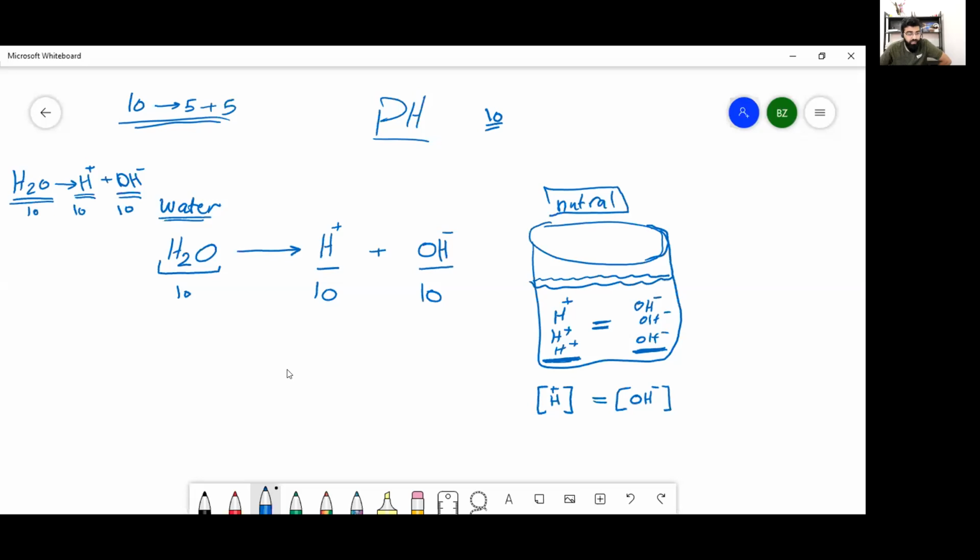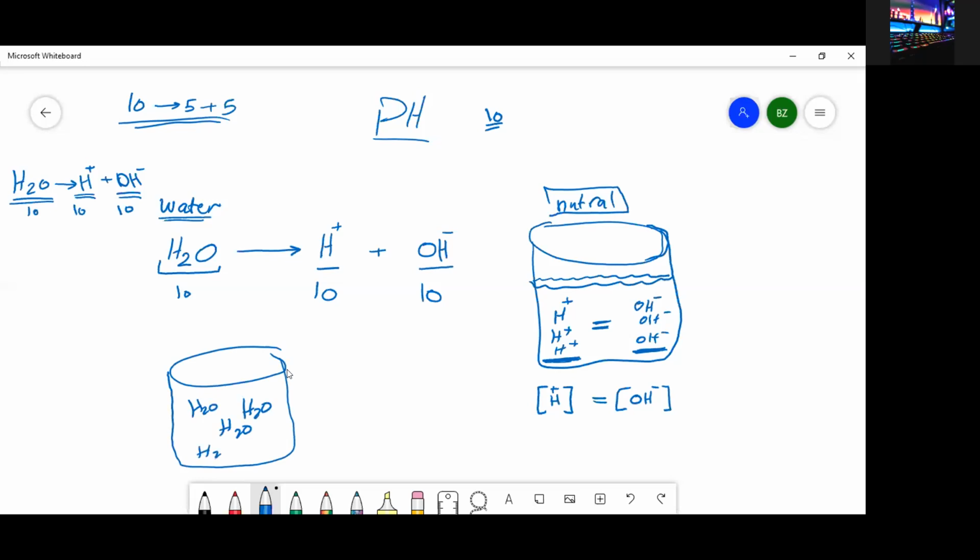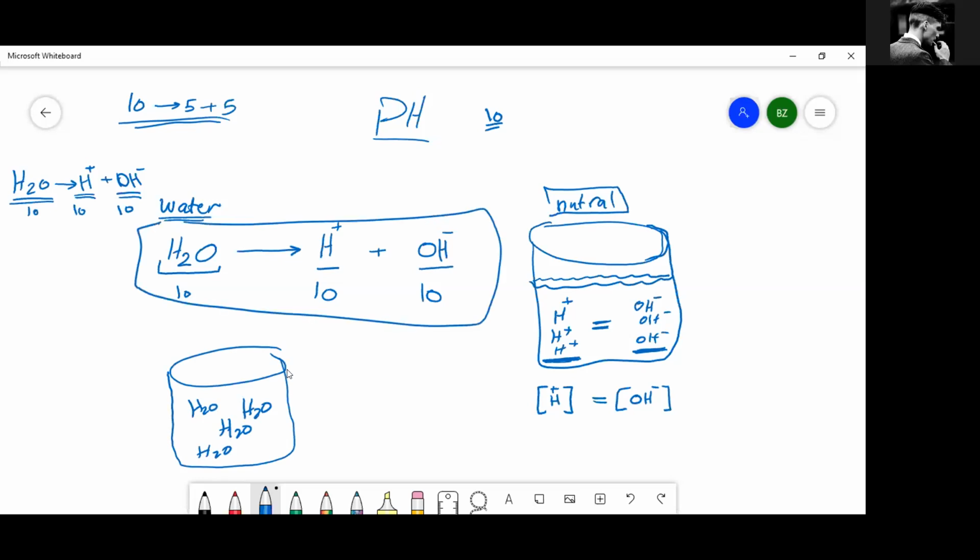Again, Ali, now water has water molecules H2O, H2O, H2O, H2O, right? If two of them split by this reaction into H plus and OH minus, how many H pluses, how many OH minuses?